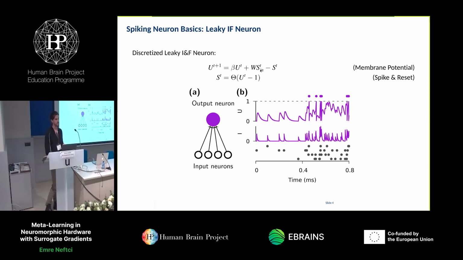Here s is the spiking of the neuron itself, a step function with a threshold of 1. This is like a reset term: every time the neuron spikes, it brings the potential down to 0.